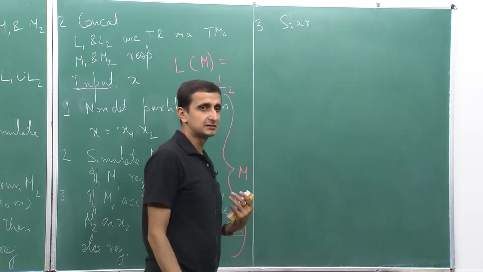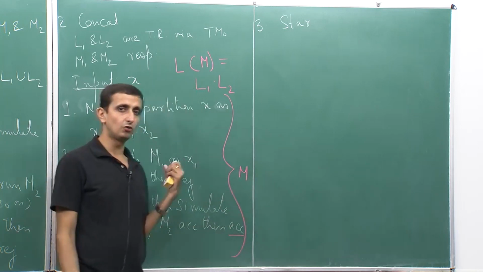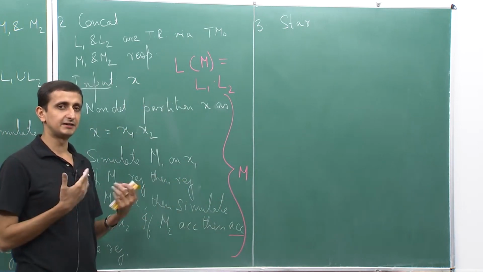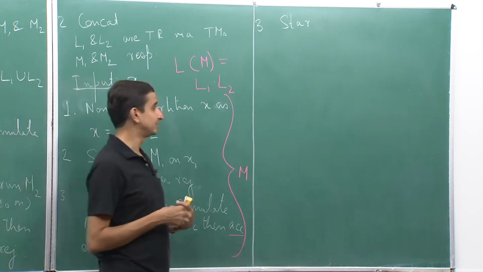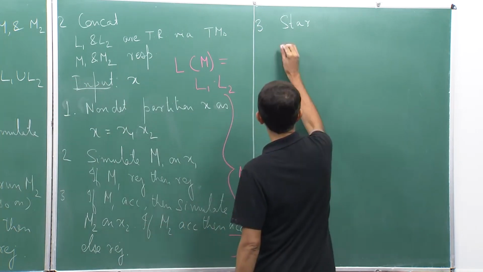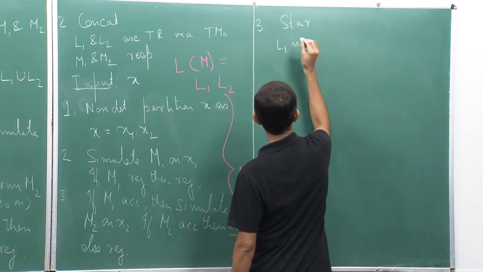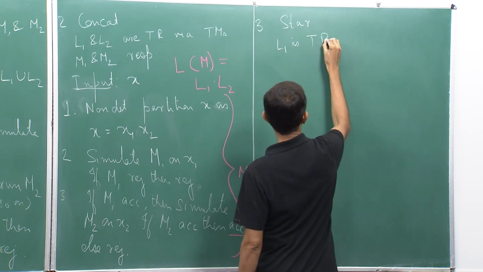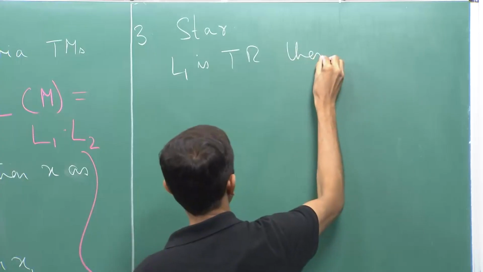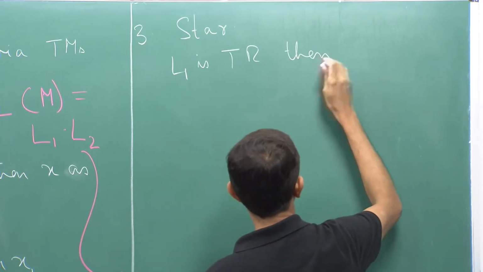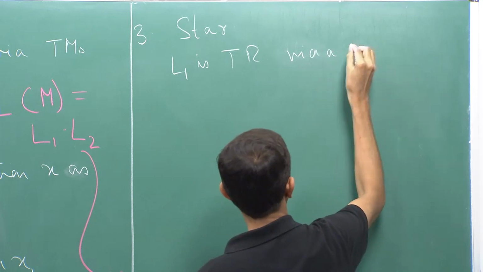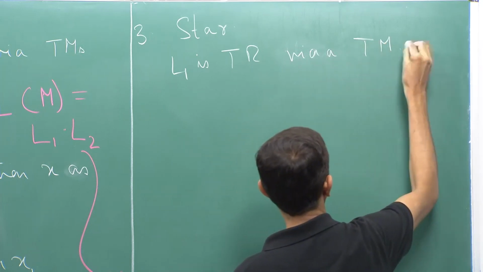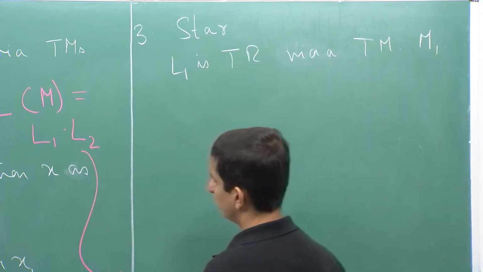So, the star operation is also very similar to concatenation. It is basically concatenation of multiple strings from the same language. So, suppose L1 is Turing recognizable via a Turing machine M1.